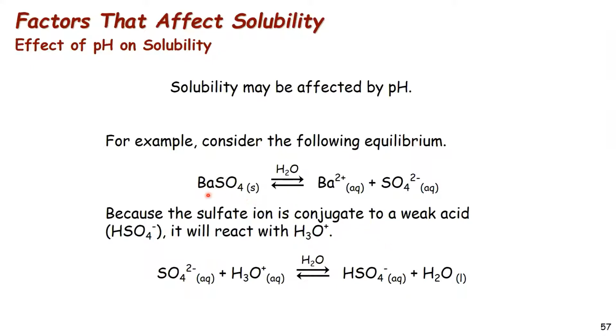So in this particular case, because we have a conjugate base of a weak acid, we can increase the solubility by making it more acidic or decreasing the pH. If on the other hand, we had the conjugate acid of a weak base, we can make the salt more soluble by making the solution more basic or increasing the pH.